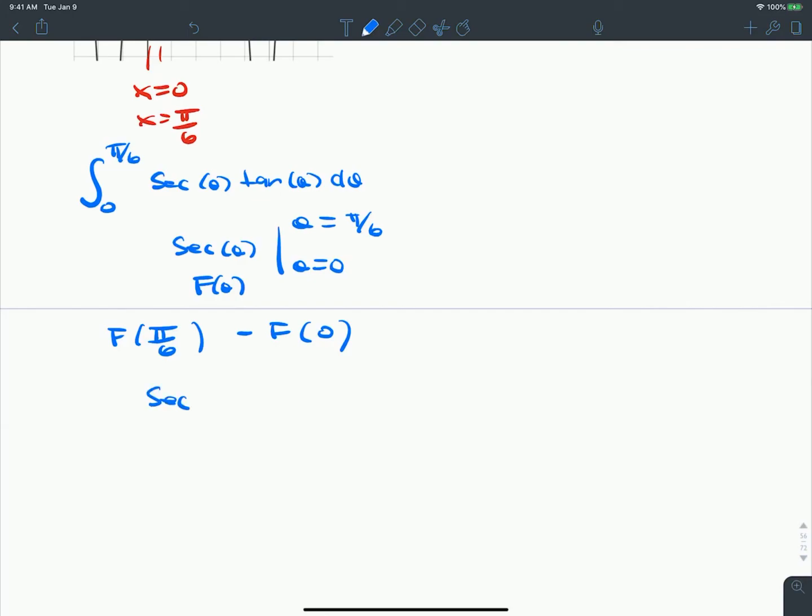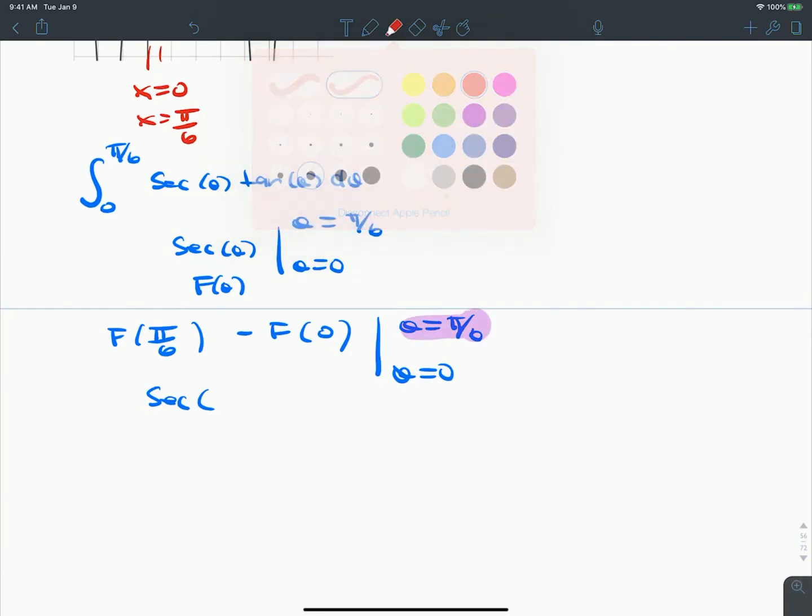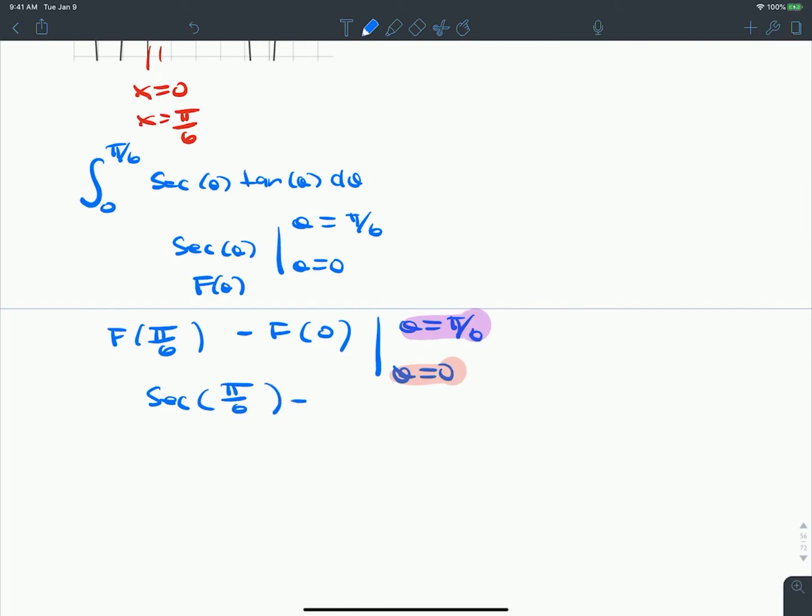So this means we have, let's put every detail, secant of pi over 6 minus the secant of 0.